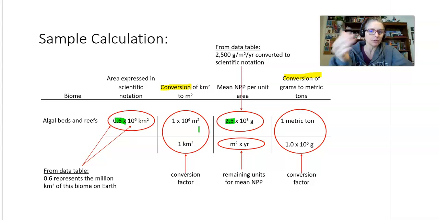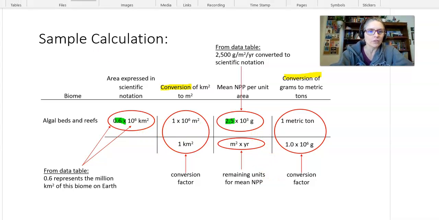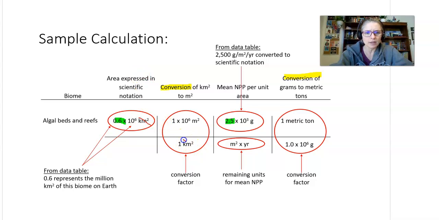The one you're trying to keep goes on the top. So we can cancel some of these out. We're going to get rid of the kilometers and kilometers, right? And now this is meters. And then here we're going to get rid of the grams, and now we've got tons.